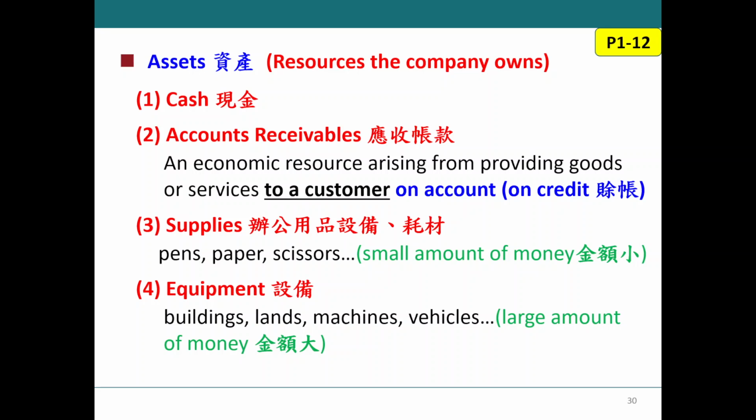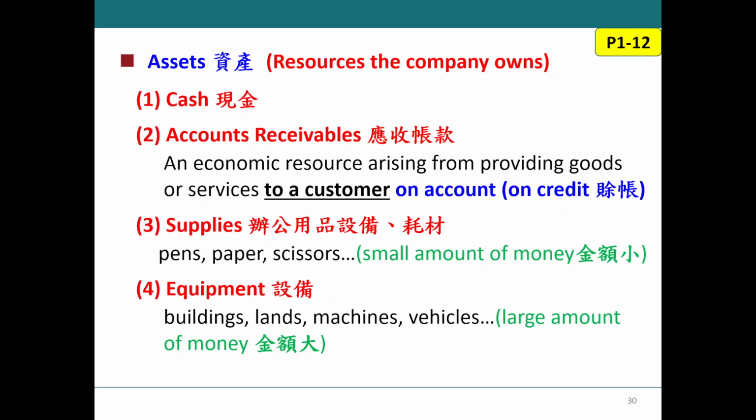Okay, this is equipment. Maybe you are asked, what's the difference between supplies and equipment? It's quite similar for these two categories. So that's why usually we use the amount of money to differentiate whether it is supplies or equipment.